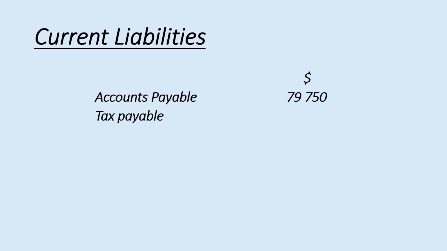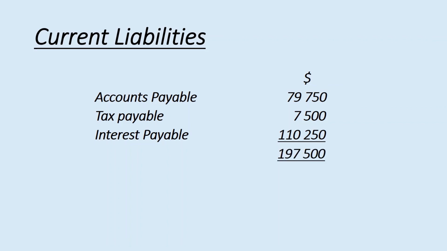These and the accounts payable is 79,750, tax payable 7,500, and the interest payable 110,250, giving us a total of 197,500 to be shown in the balance sheet as current liabilities.